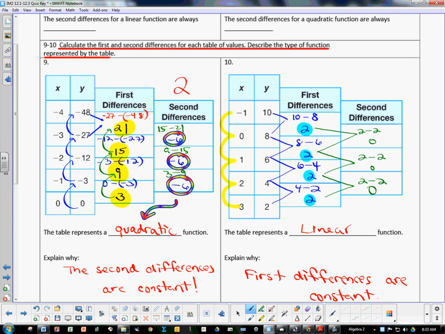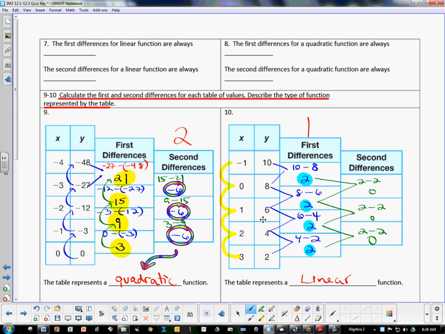Squared, there's your degree. Now look over here, this is linear. What is the degree of a linear? First. So the first differences are constant. The degree is the exponent, the largest one. So that's how they kind of blend. I hope that makes sense to you.